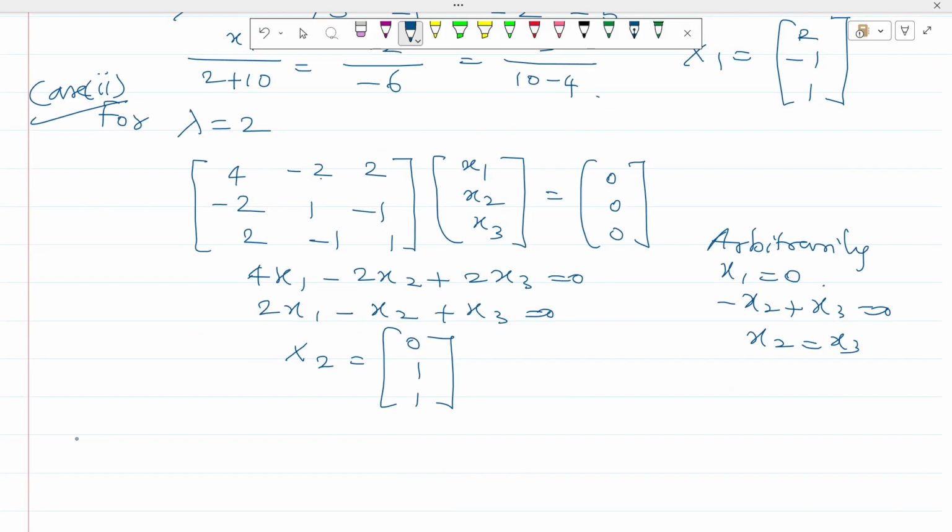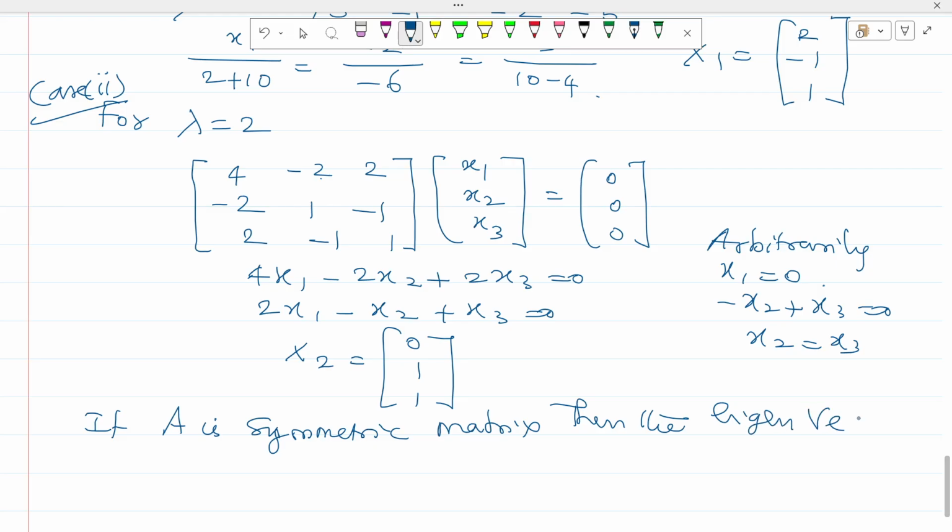You have to find the third eigenvector by using the property: if the given matrix A is a real symmetric matrix, then the eigenvectors are orthogonal in pairs.